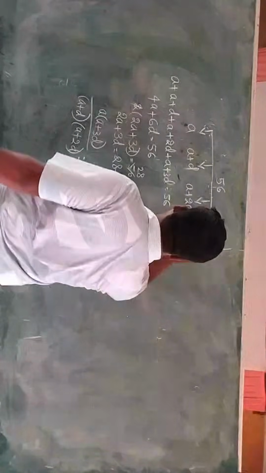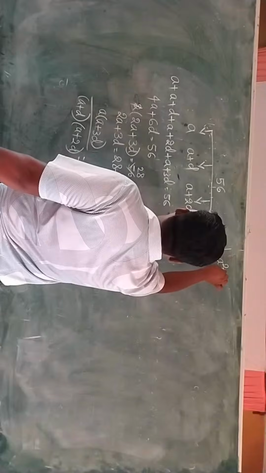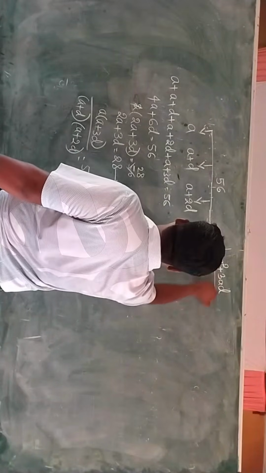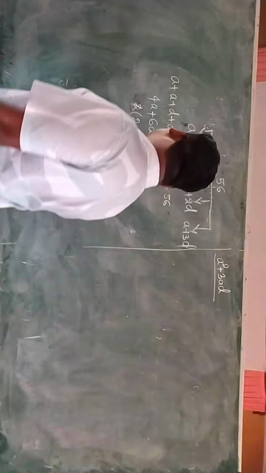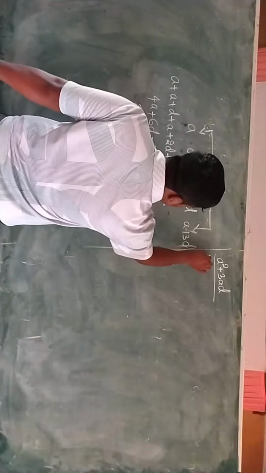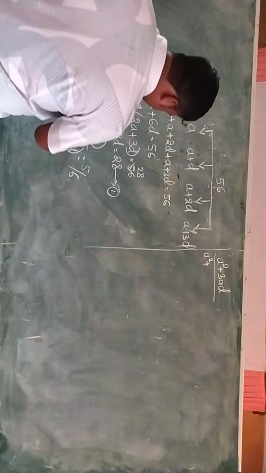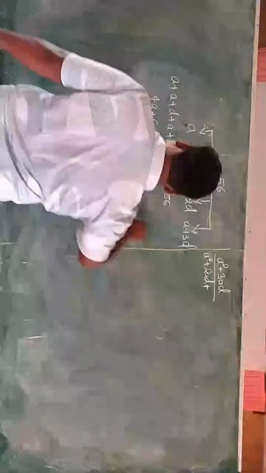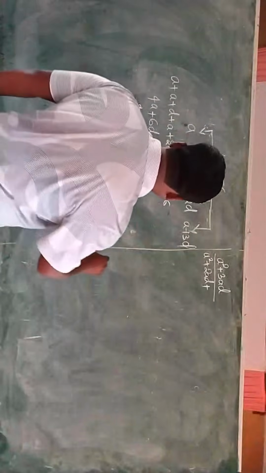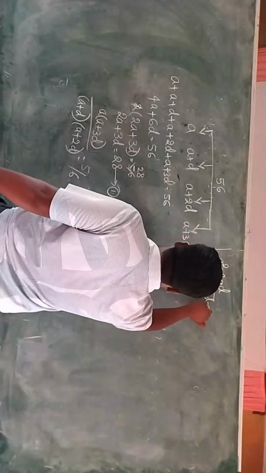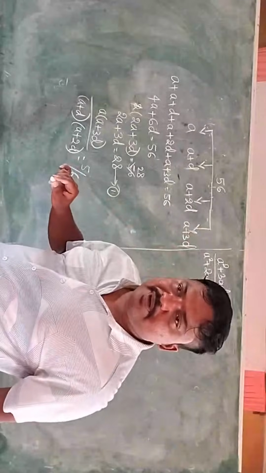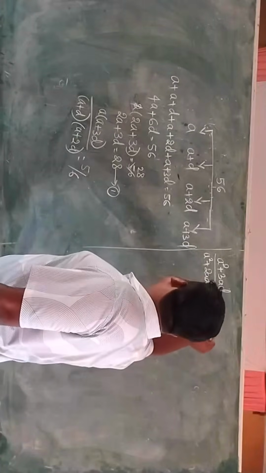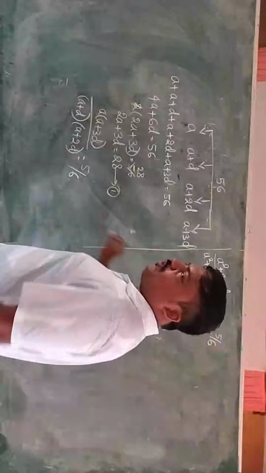a into a square, a square plus 3 times of ad, divided by a into a square, a square plus 2ad, 2 times of ad plus d into ad plus 2d into d, 2 times of d square, is equal to 5 upon 6.